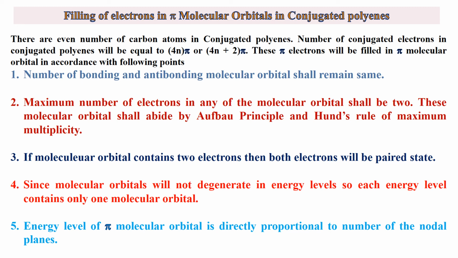Unpaired electron will not be available if 2 electrons are present. Since molecular orbital will not degenerate in energy level, we can say each energy level will contain only one molecular orbital.